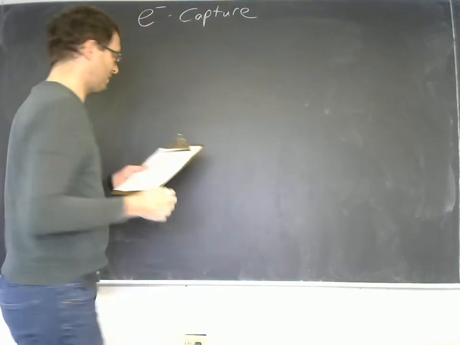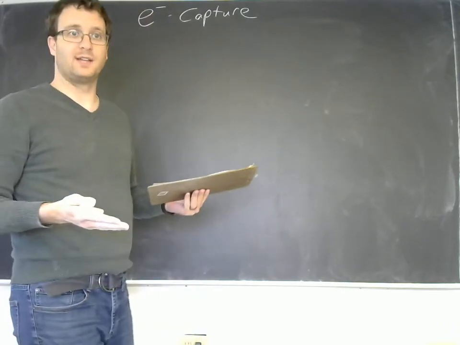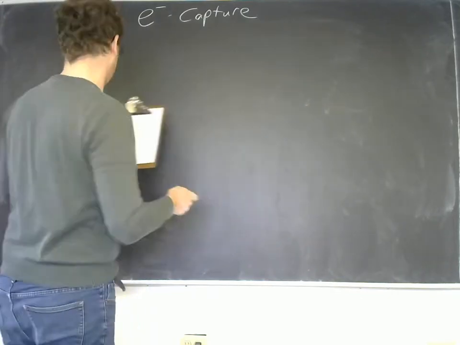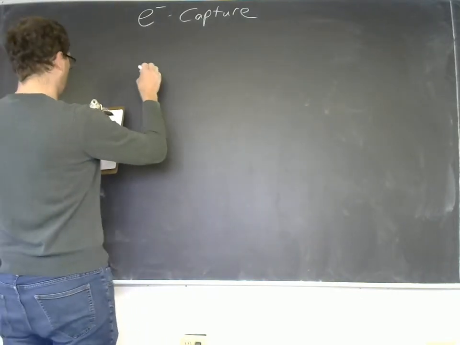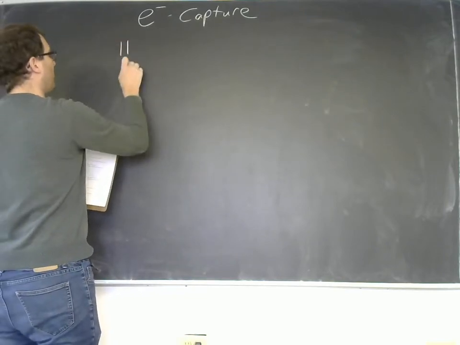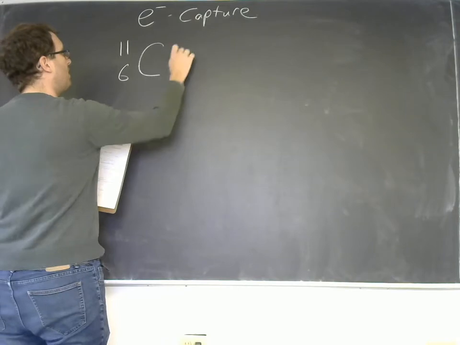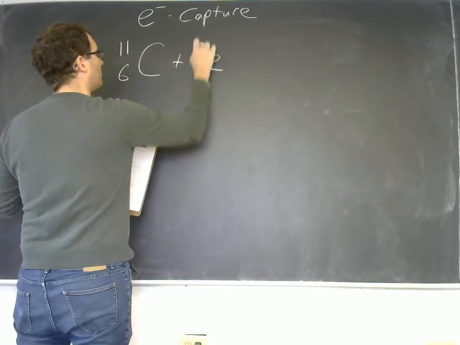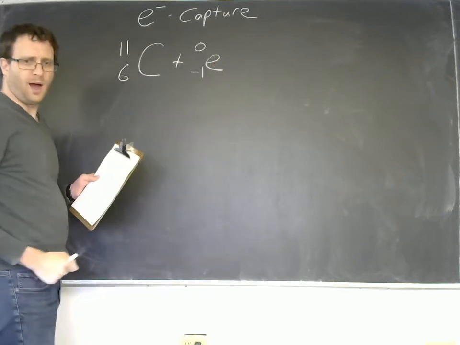And so in this case, you'll actually have an electron as the reactant. So carbon-11 will undergo electron capture. So 11,6 carbon. And here we'll have the electron 0, -1 as a reactant.